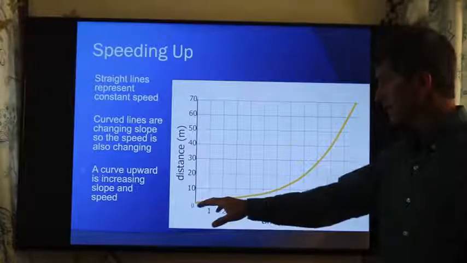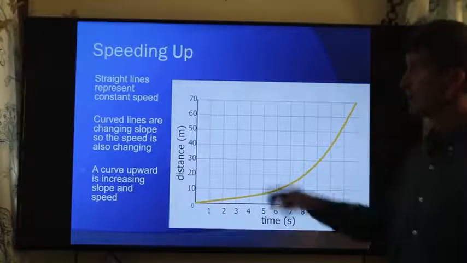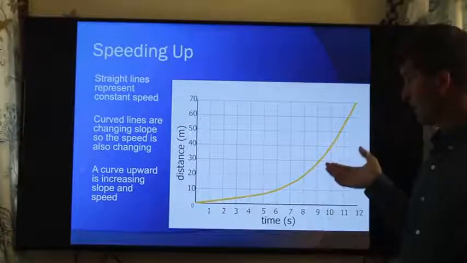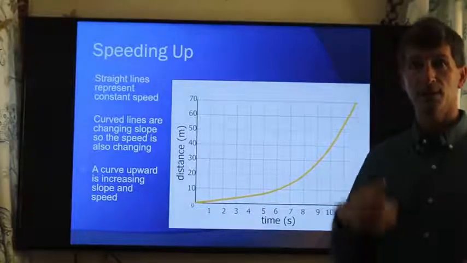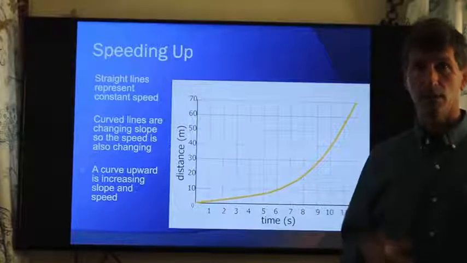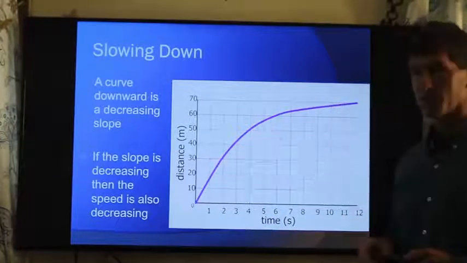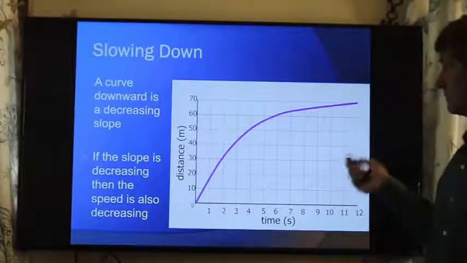Same thing, low slope, low velocity. So we're getting steeper and steeper and steeper, we're speeding up. So looking at these motion diagrams, where we see a curve like this, that indicates increasing speed. Likewise, which is the opposite, here we're steep here, and we're less steep here, that indicates that we're slowing down, lower velocity.